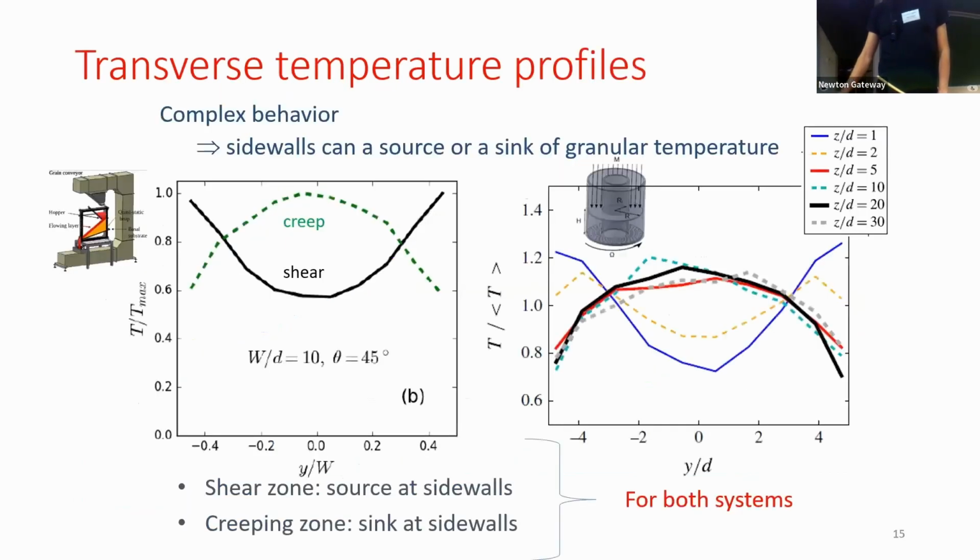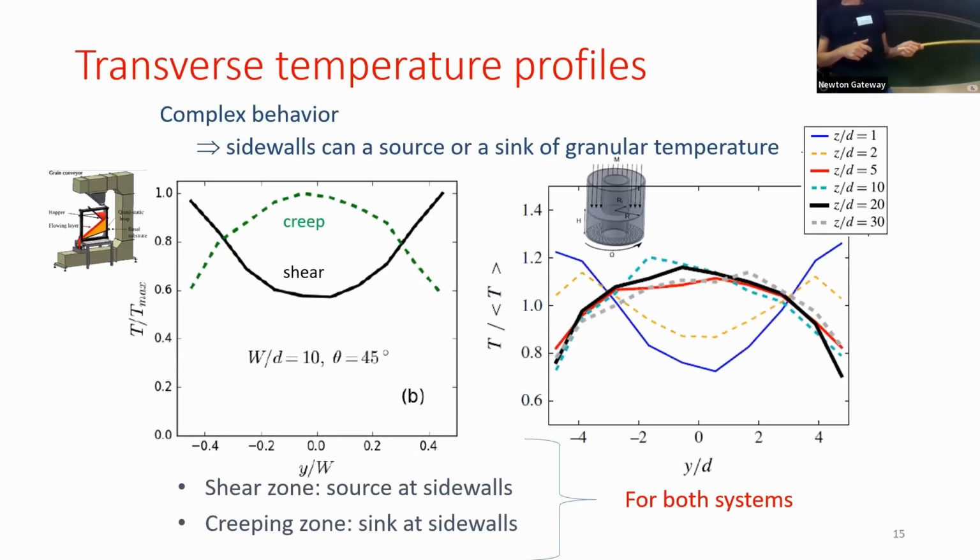Another common property is that if we look at the transverse granular temperature profile, it's the same as before. The center of the figure corresponds to the center of the cell, and the extremities correspond to the presence of the wall. What we do observe is that depending on the zone where you are, if you are in the creeping zone or in the shearing zone, the side walls can be a source of temperature or a sink of temperature.